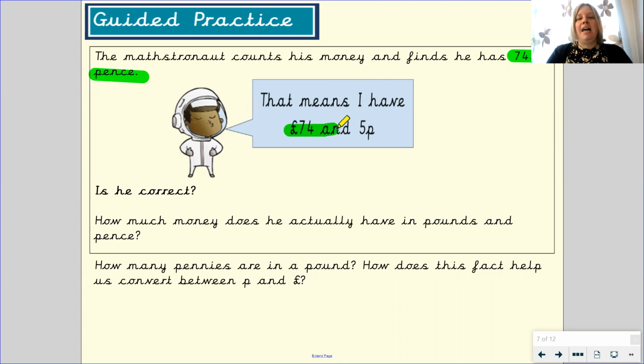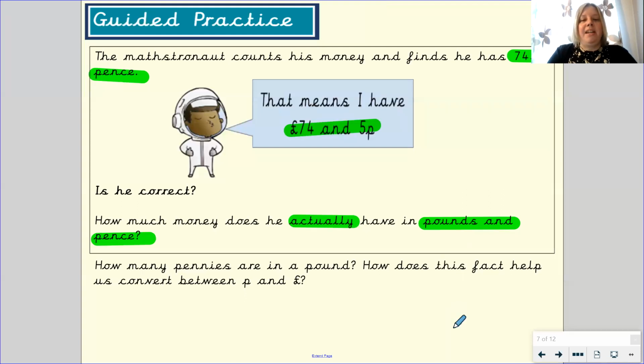So we need to highlight this because that is what we are going to be checking. We need to see, is he correct? How much money does he actually have in pounds and pence? So pounds and pence is important, and we want to find out how much money he actually has.